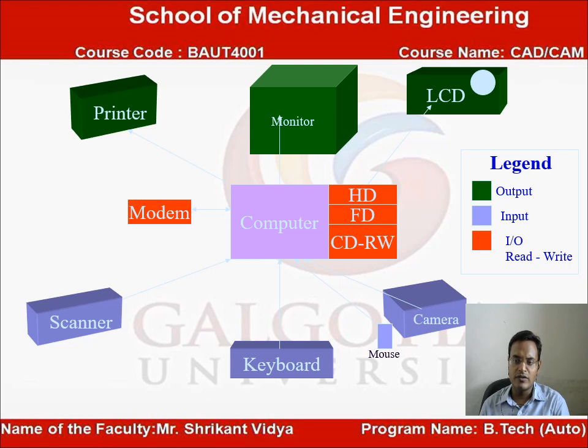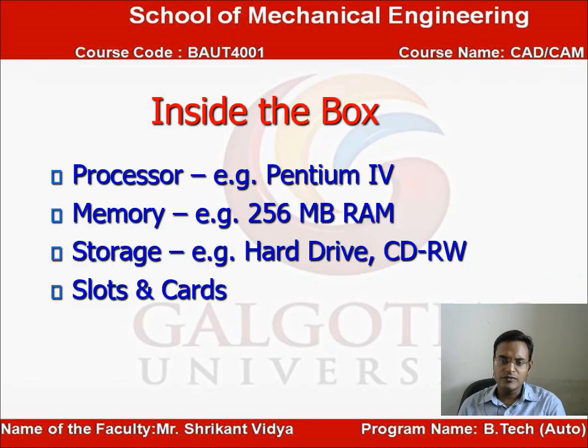Input devices are keyboard, scanner, mouse, and reading-writing devices are the hard drive, floppy disk, CD-ROM, modem. Inside the box, meaning inside the CPU, there is the processor like Pentium 4, memory like 256 MB RAM, storage like hard drive, CD-ROM, slots and cards.